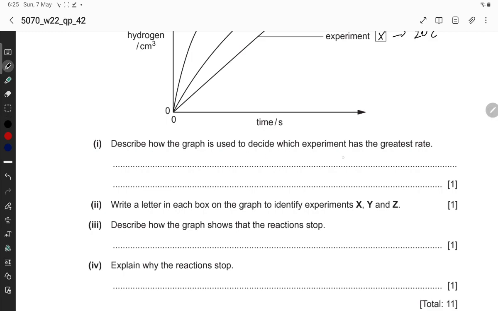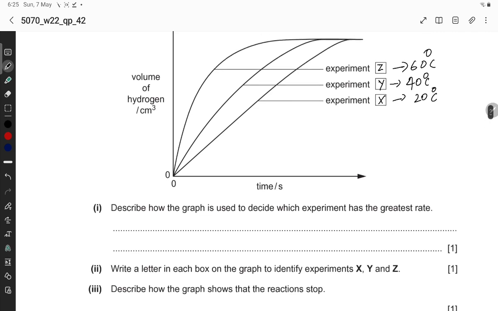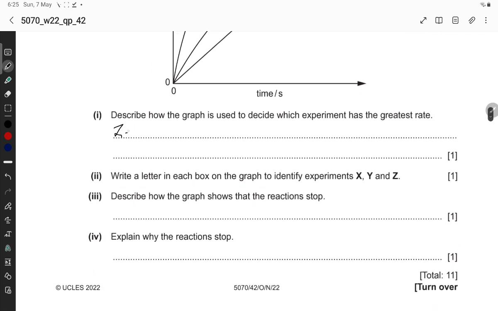Z. The steeper the graph, the faster the rate of reaction.